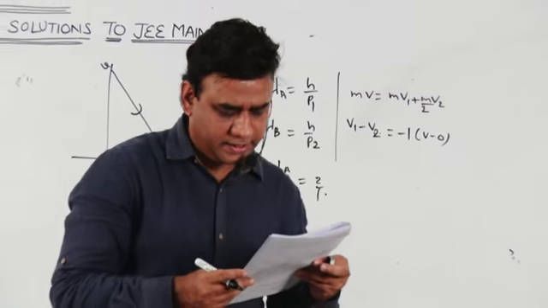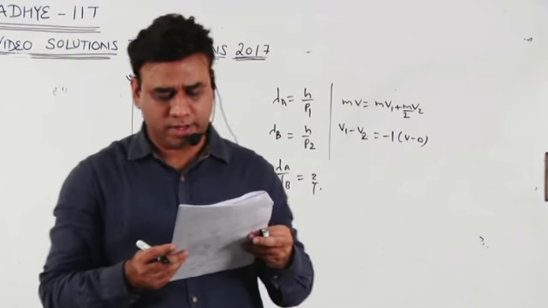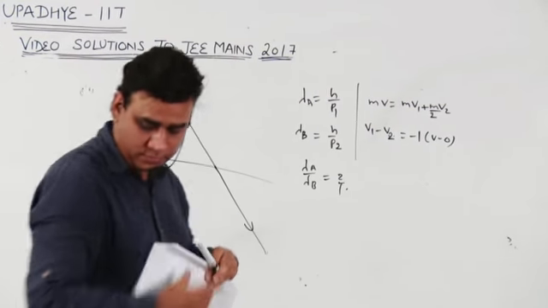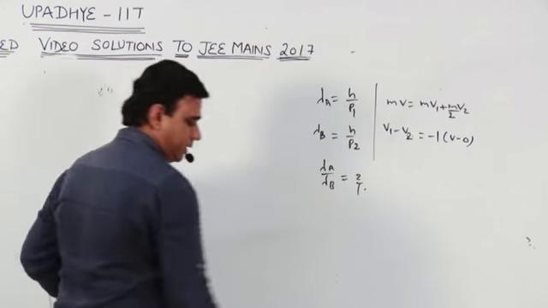Now question number 89. They are asking about SHM and kinetic energy. So the kinetic energy graph, basically the displacement graph, y equals a sine omega t.